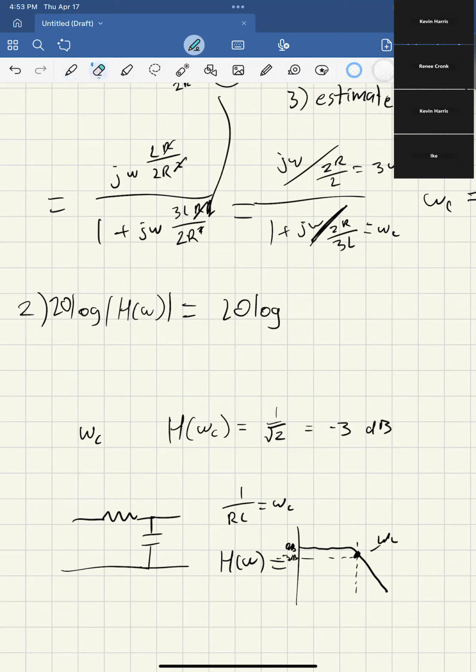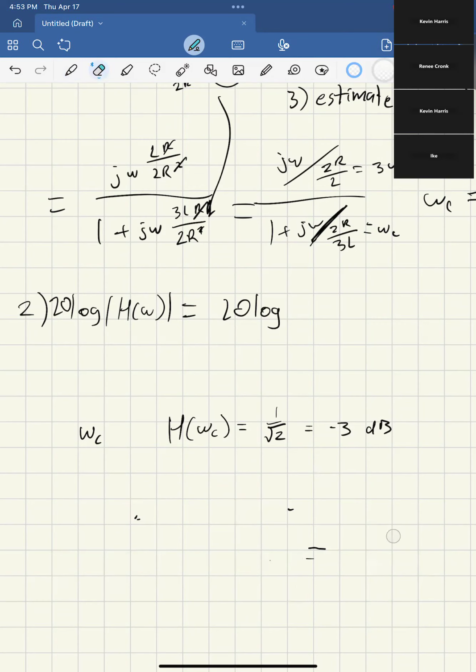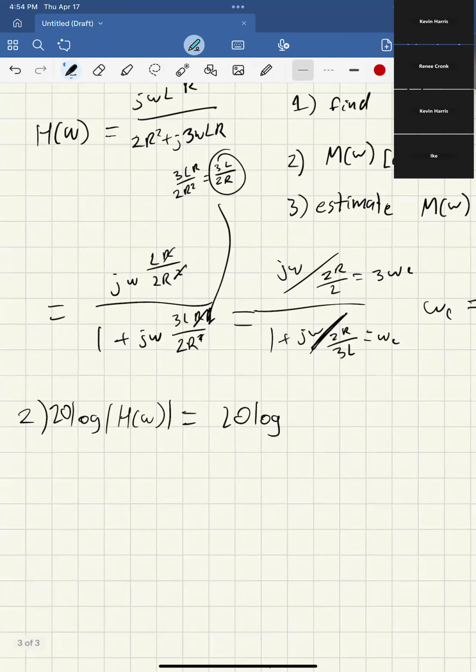And generally, the way you do this is you look at the denominator and figure out when the magnitude of the denominator will equal root 2. So here, we turn this into the one form, and doing this is a shortcut.